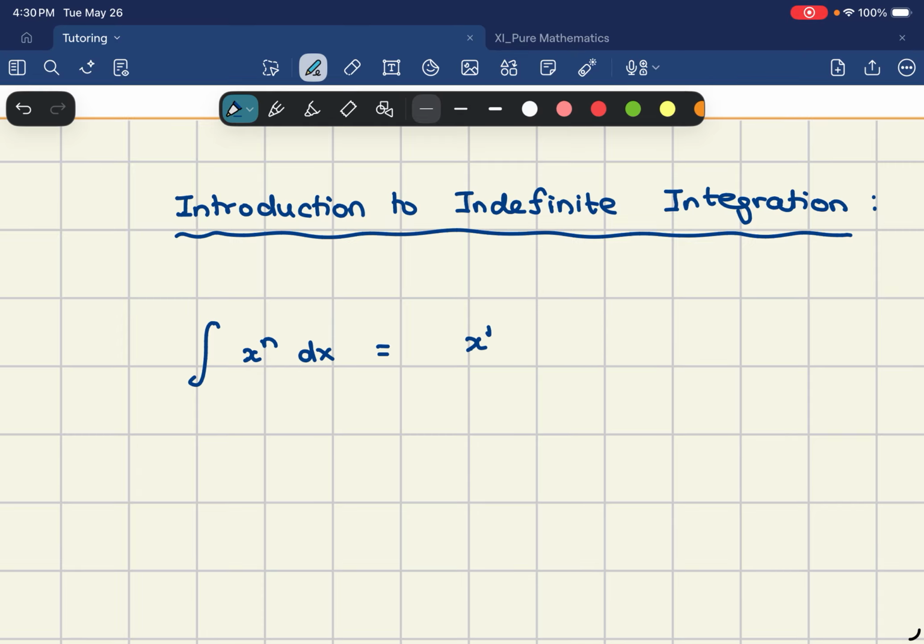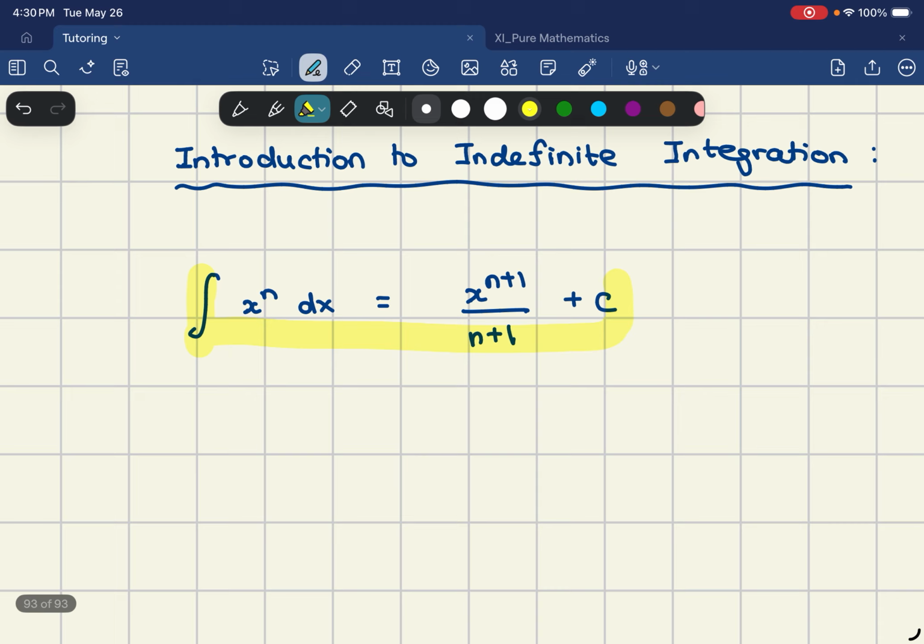So this is x to the power n plus 1 divided by n plus 1, plus c, the most important formula. And we add this plus c because whatever constant you add, whenever you differentiate the right-hand side, you are still going to get x to the power n. So this constant doesn't matter. So you actually have infinitely many functions, right?